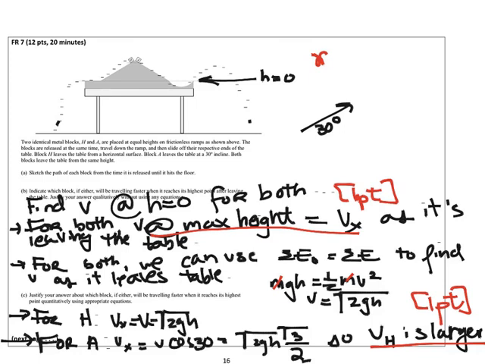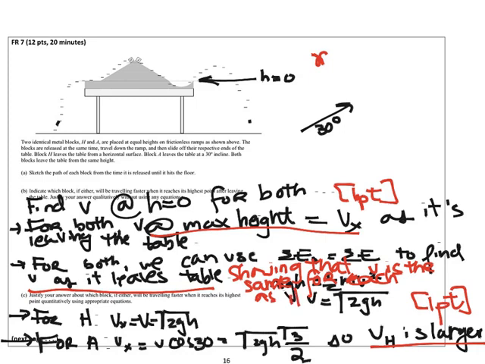You get 1 point for essentially showing that V is the same for each as it leaves the table.